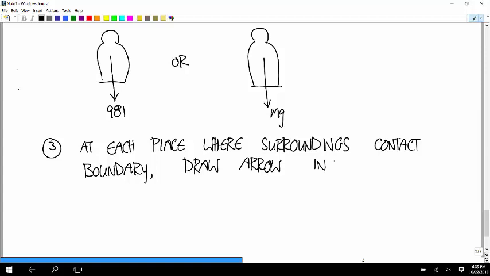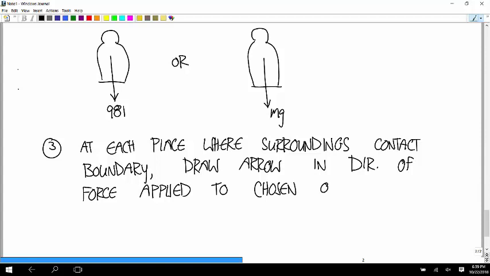Say it like this, draw an arrow in the direction of the force applied to the chosen object. And then label that arrow with a number or a variable. If you know the number, you can put it down. Usually these are the kind of things that we have to solve for.